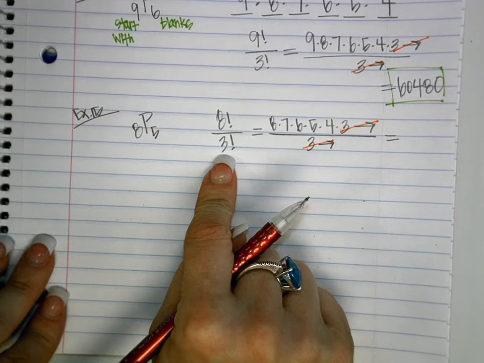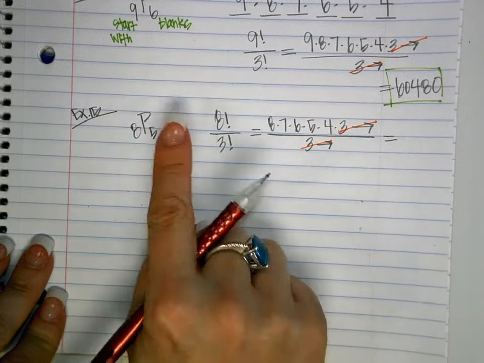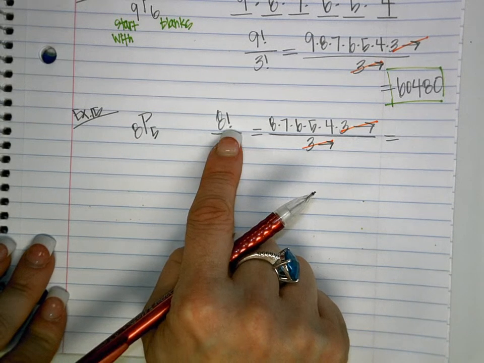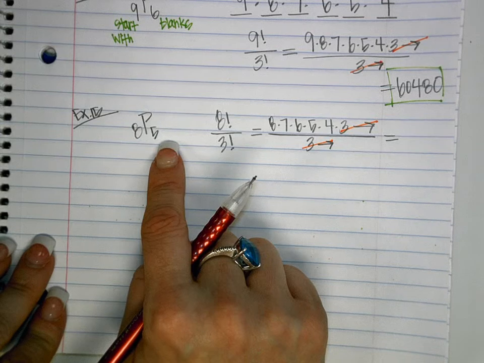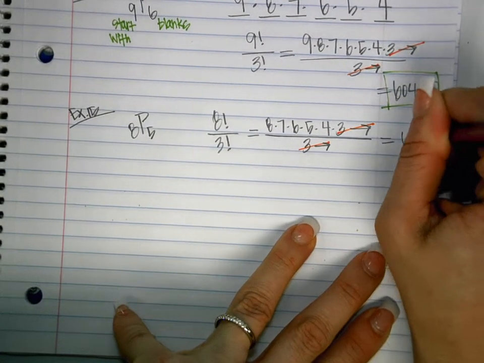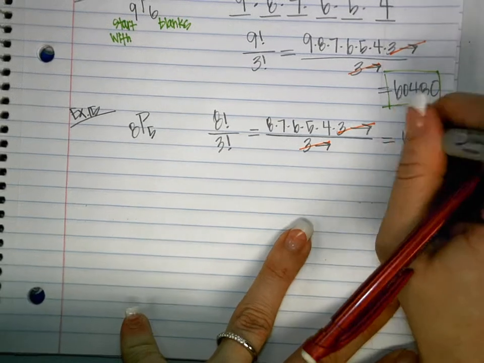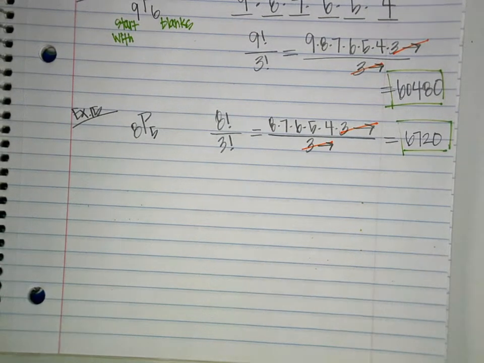So subtract them, factorial. So always the first number factorial on the top divided by the difference between them, factorial. You multiply this all out, you should get 6720.